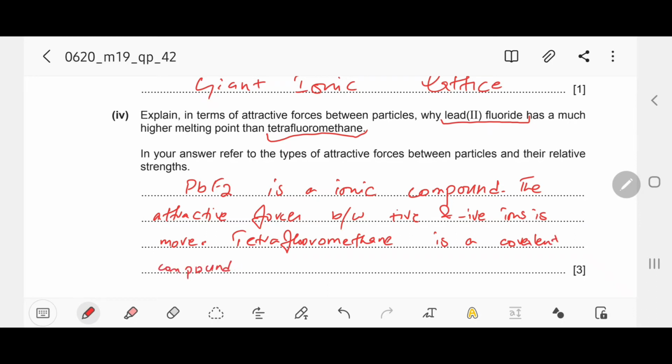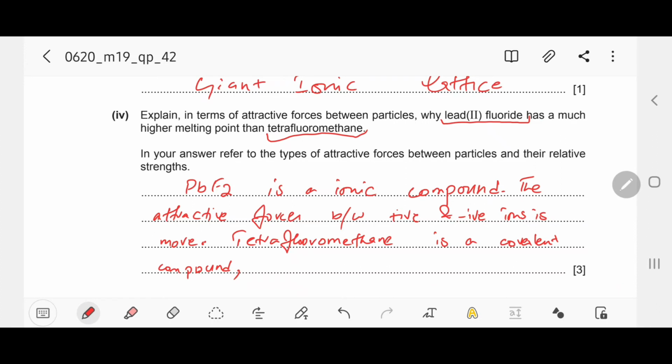Remember, we have to state how the tetrafluoromethane has a low melting point. The reason behind this is the forces between the particles that are attaching them, and how strong the forces of the tetrafluoromethane are. So we have to state that too. So we will write tetrafluoromethane as a covalent compound.